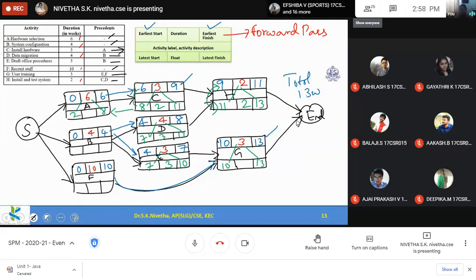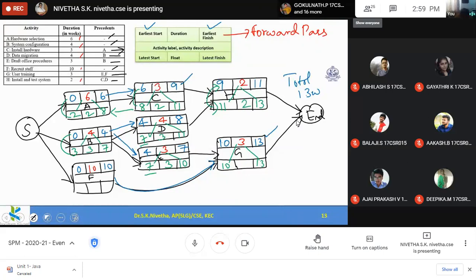So the latest start for activity A is 2. The float value between these two is 2. This is also starting at 7, D and E. So I can delay it up to 7. 7 minus 4 gives me 3. 3 minus 0 is 3. Float value 3.